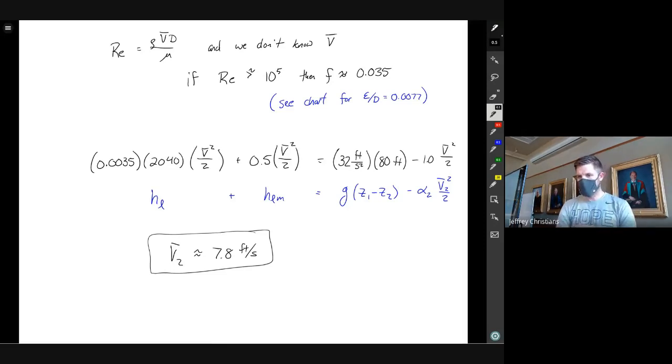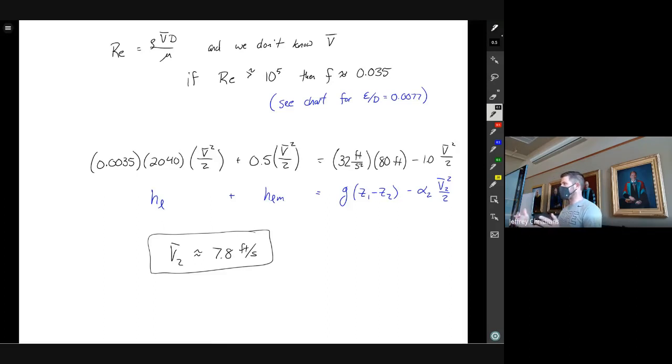Okay, so, yeah, Graham. We don't incorporate it. If you wanted to add more minor losses, this problem we were specifically told not to, but if you wanted a better solution, you would just keep adding this minor loss and this minor loss and this minor loss, and you would get more terms on the left-hand side.